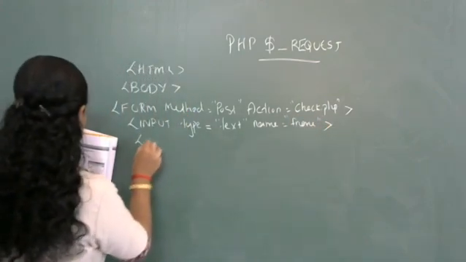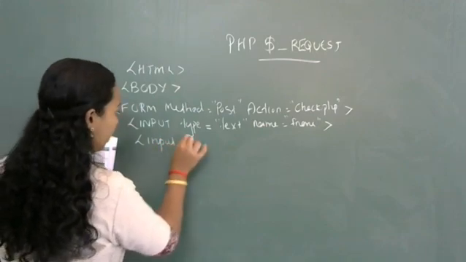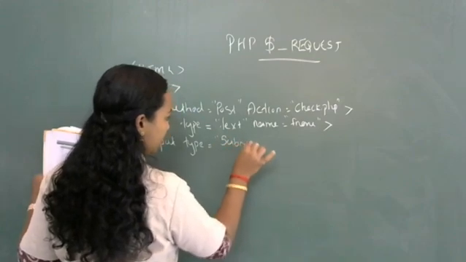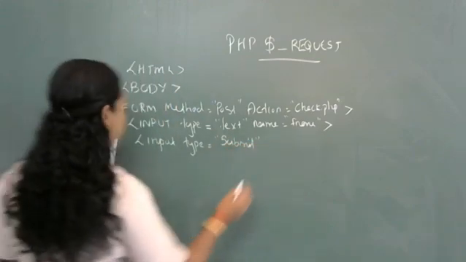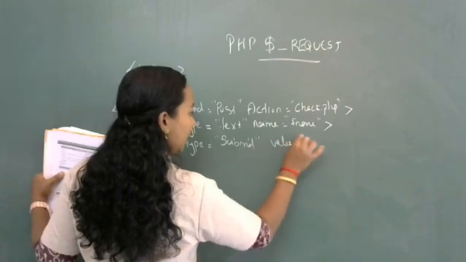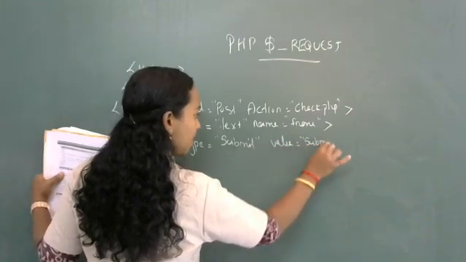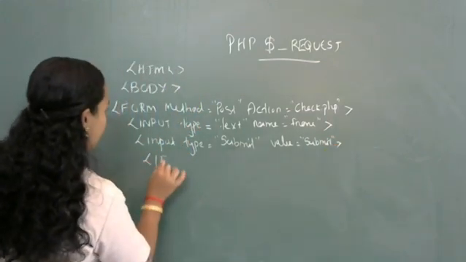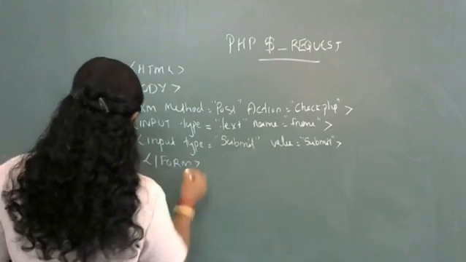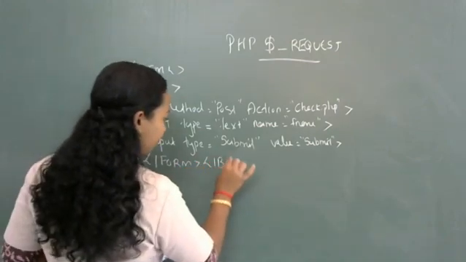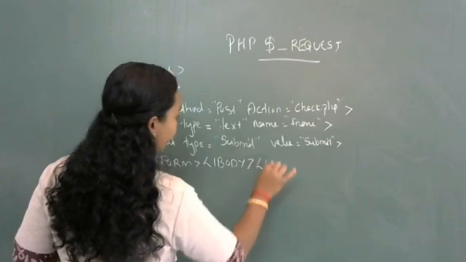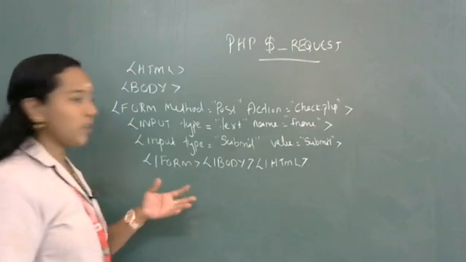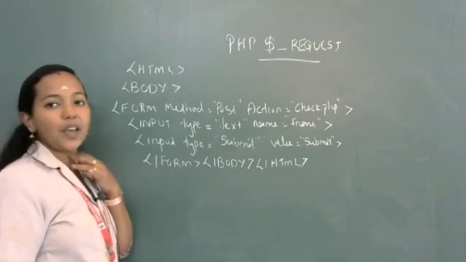Then input type is equal to submit, value equal to submit. Close the form tag, close the body and close the HTML tag.